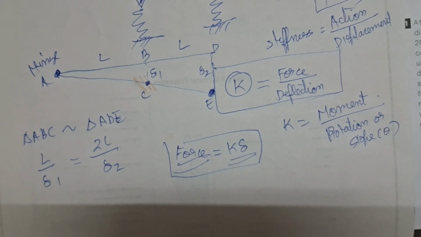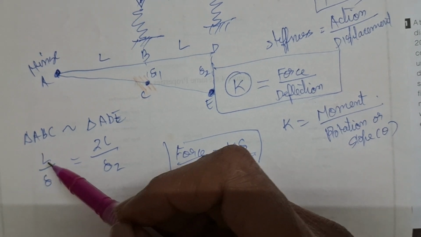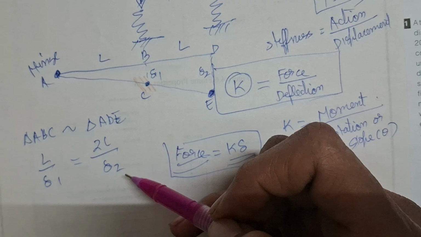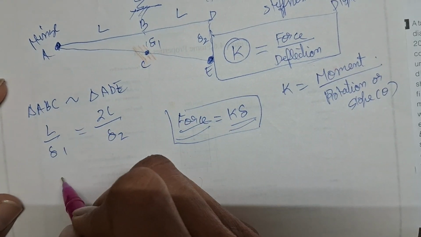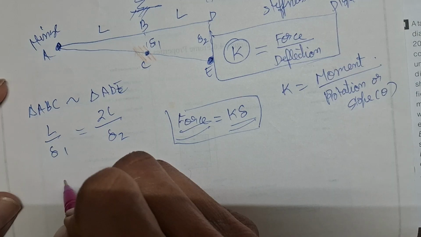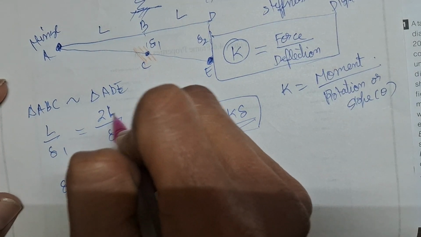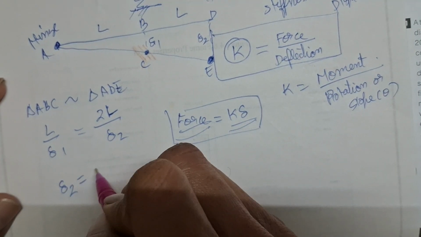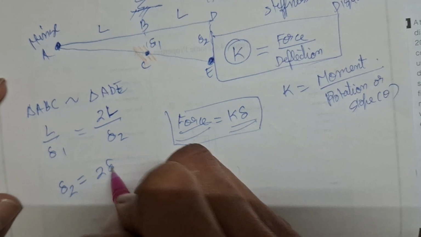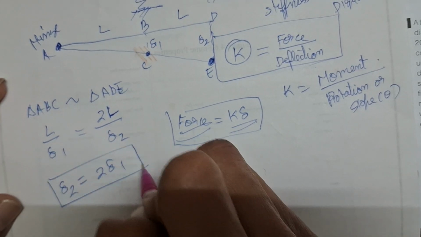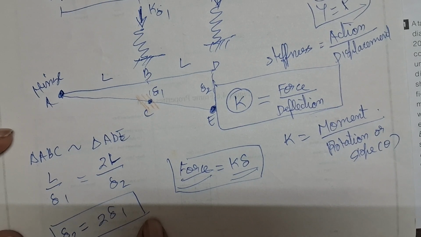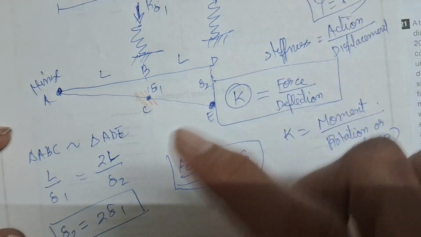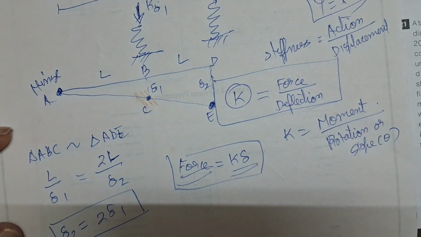So in this linear equation L upon delta 1 is equal to 2L upon delta 2, the L and L will cancel, so it will give the relation between delta 1 and delta 2. Cross multiplying, delta 2 is equal to 2 delta 1. Okay, so I have got the relationship between delta 1 and delta 2. Delta 2 is equal to 2 delta 1. So almost delta 2 is double of delta 1.